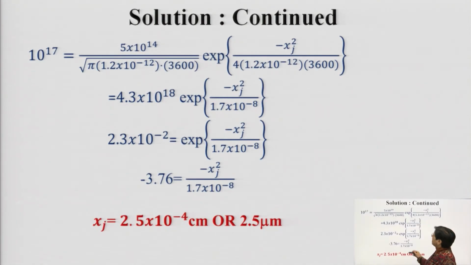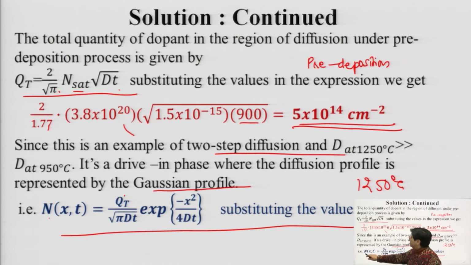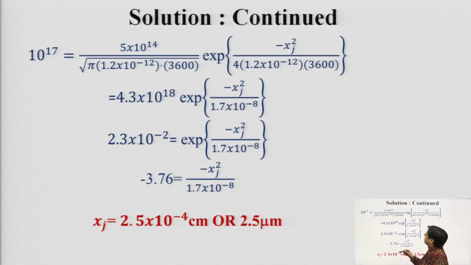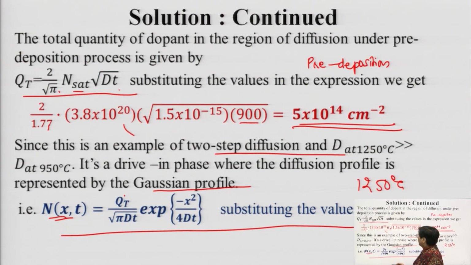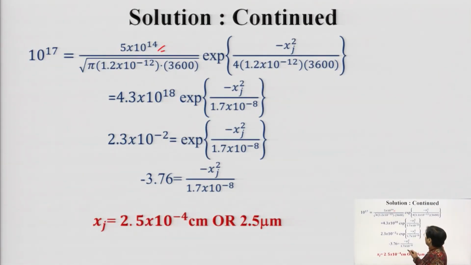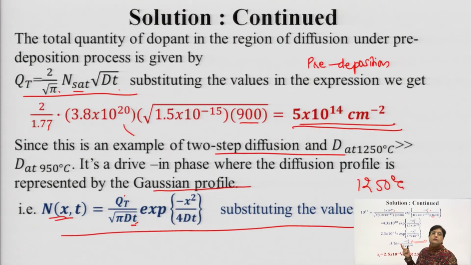Substituting the values, this concentration is known to you, that is 10 raised to the power 17. Other values, that is Qt, you have just calculated, under root pi, under root dt is known to you, exp is known to you. So, you will be directly able to calculate the value of xj, because it is the only unknown quantity in this equation. The duration you have to convert into seconds.